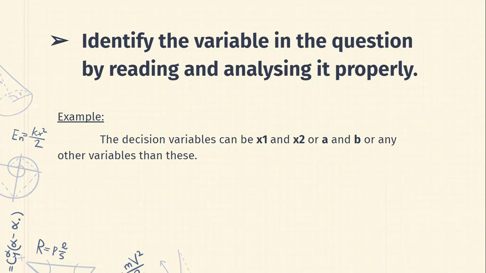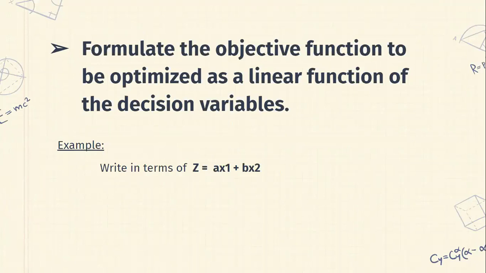After you're done analyzing your decision variables, we proceed to step number two. Step two is to formulate the objective function that is to be optimized as a linear function of the decision variables from step number one. It can be either maximized or minimized according to your question.